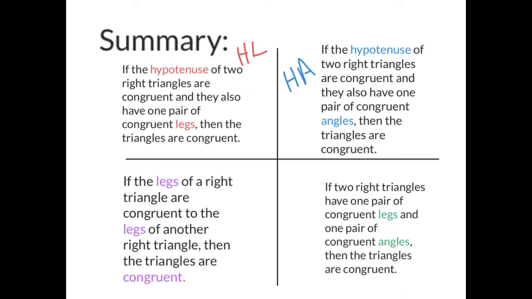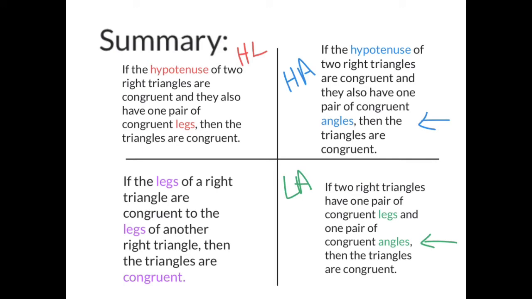Just to focus here, I'll talk about this in both of these. The angles in this theorem, as well as in the leg angle theorem down here, which needs a pair of legs and a pair of angles, are not supposed to be the 90-degree angle. These angles are not counting as the 90 degrees. That's going to be in addition to your right triangle, something to keep in mind.